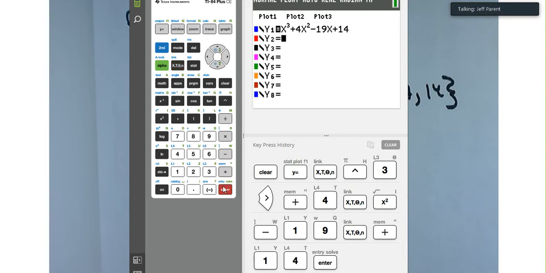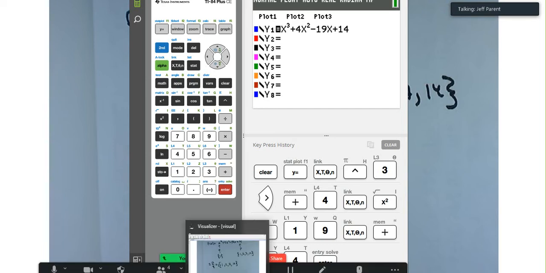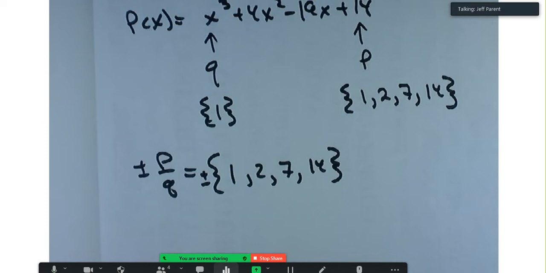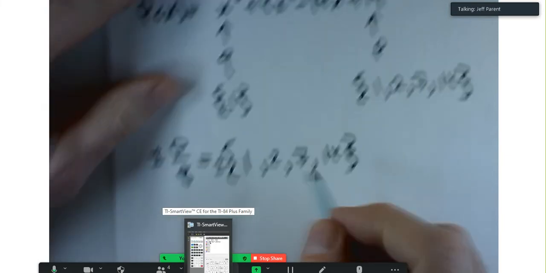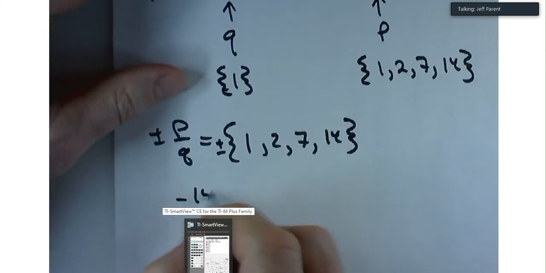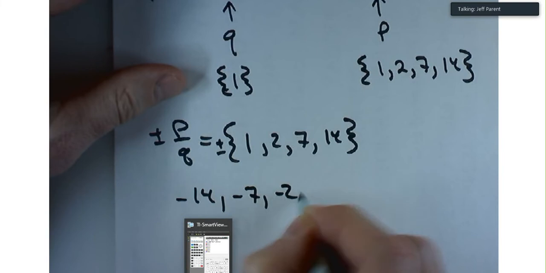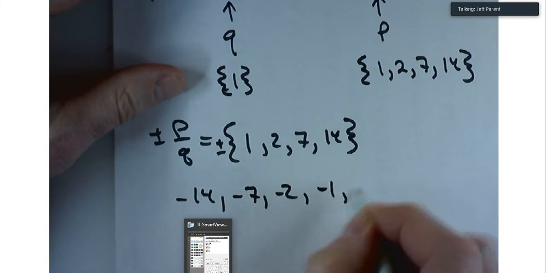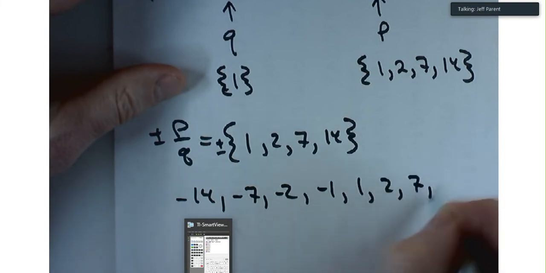Now here's something kind of cool that we got because we use the rational root theorem. And that is, I know kind of the max that I'm going to need for my window. Because this is saying that one of the roots has to either be negative 14, negative 7, negative 2, negative 1, 1, 2, 7, or 14.